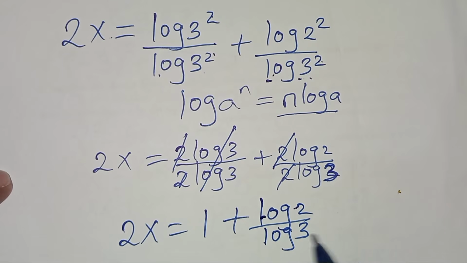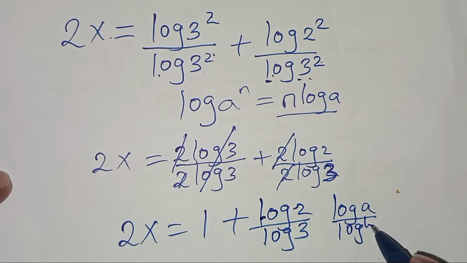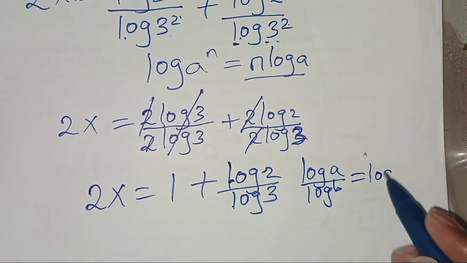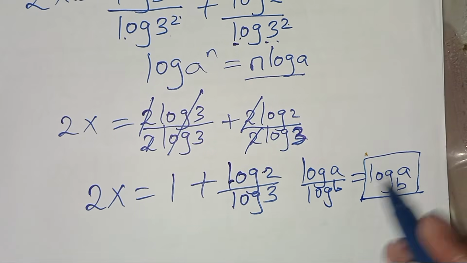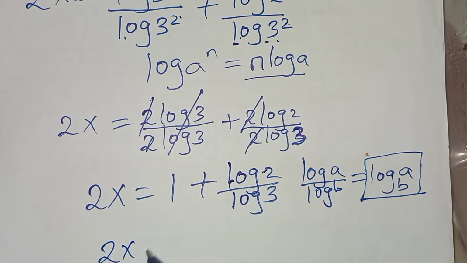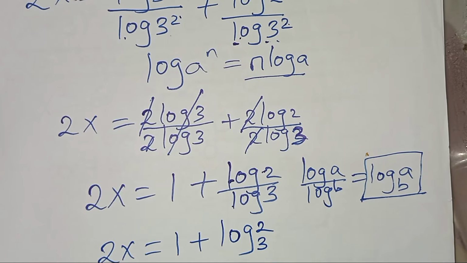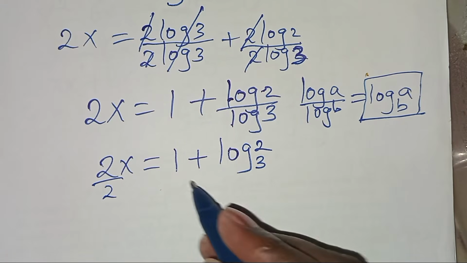Now log 2 divided by log 3 is actually in the form of log a divided by log b, which you can basically express as log a to base b. Now let's apply this particular property, so that we'll have 2x is equal to 1 plus log 2 to base 3. So let's divide both sides by 2.